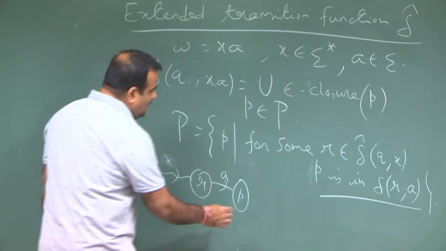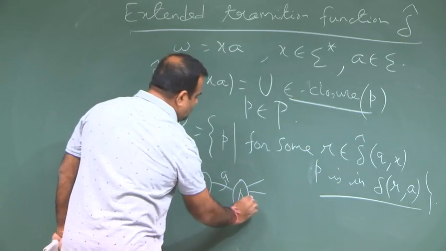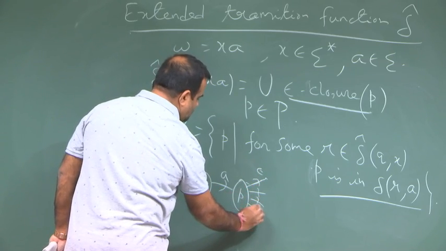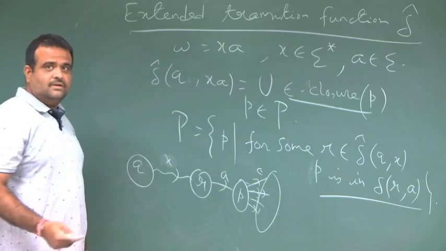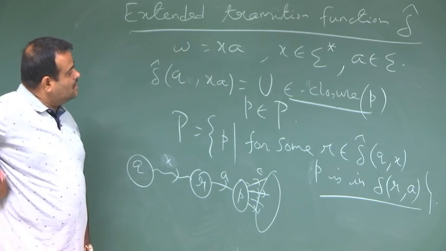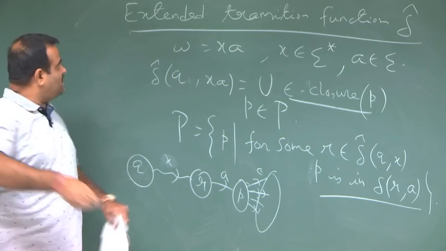After that we take all such p's and their epsilon closure. So this is the epsilon closure for one p, and we have many such p's over there. So this is how we define this. So the basic idea is we have a tape.